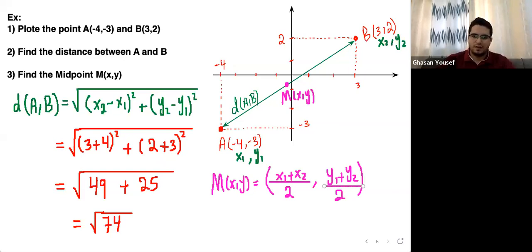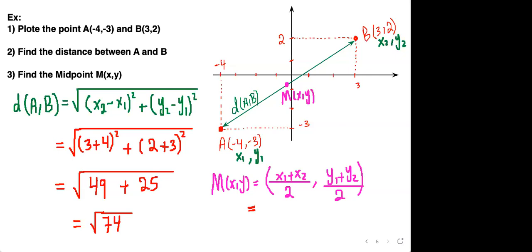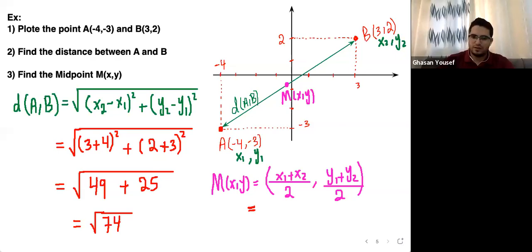So I will get this equal. X1 is minus 4. Minus 4 plus 3 is negative 1, over 2.